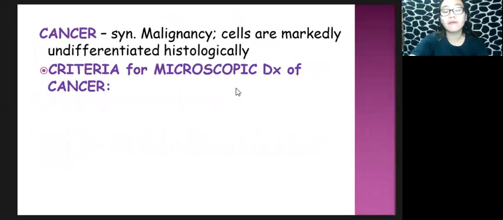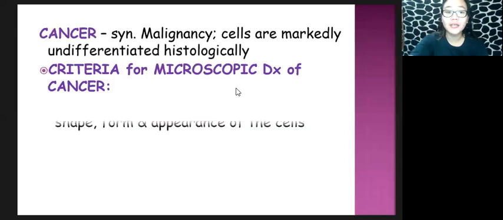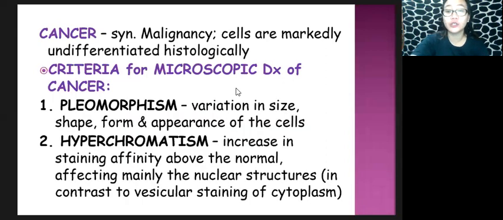Since if you're going to look at the applications of your exfoliative cytology, much of it is concerned about your cancer or your malignancy. And so what are the different criteria that we use in order for us to be able to classify your cells as cancer cells or malignant cells? When we say cancer, this is synonymous to the term malignancy.